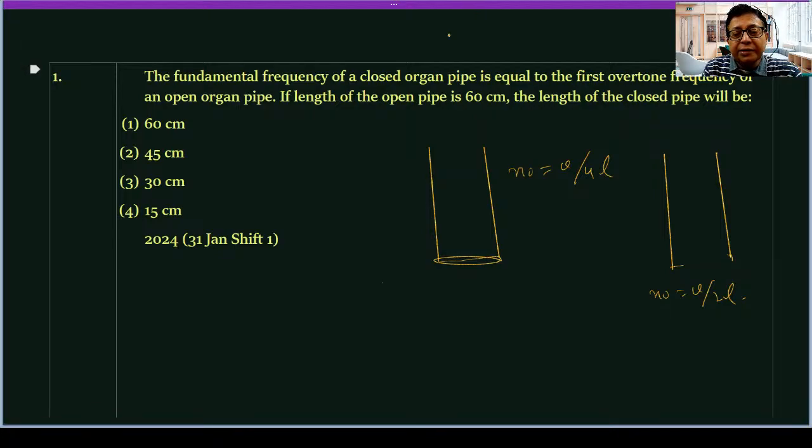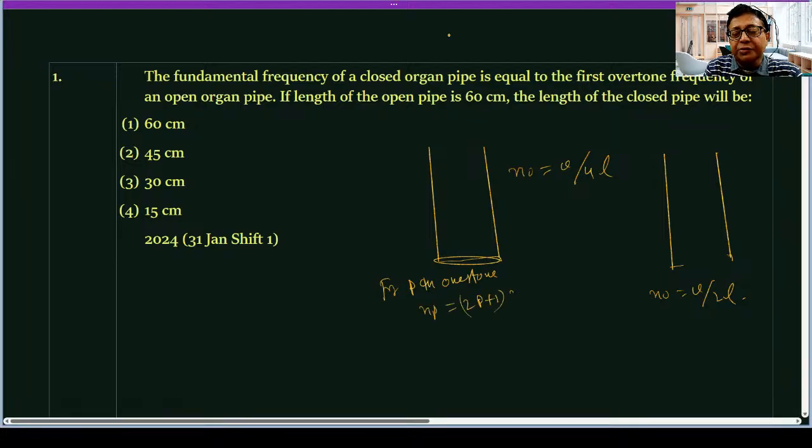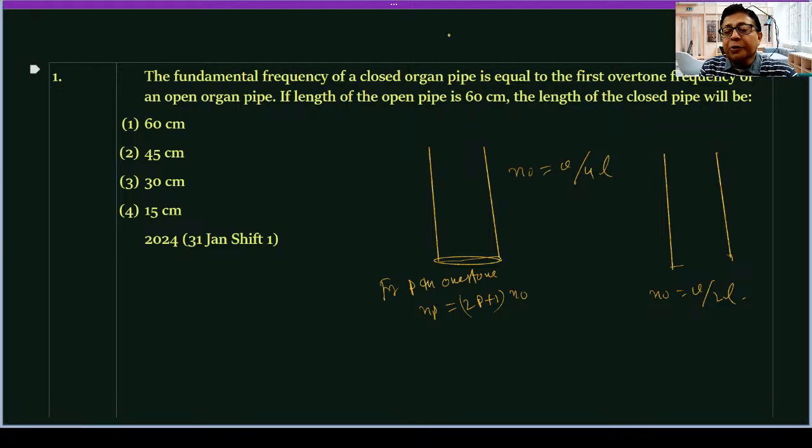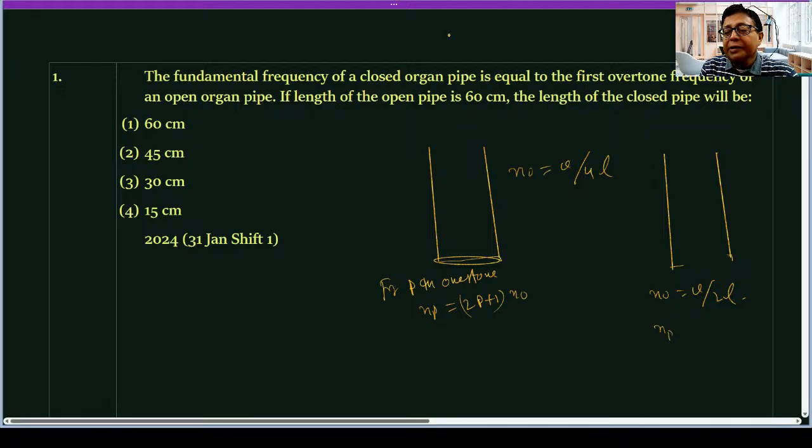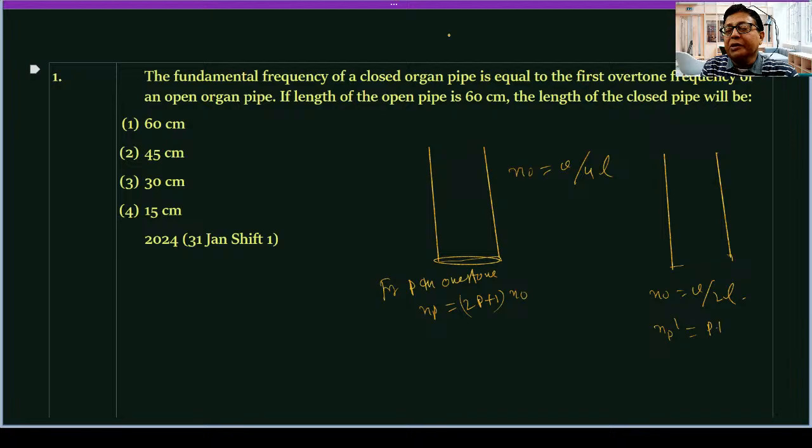And here for pth overtone, Np equal to (2p plus 1) N0. Remember this? And for the open pipe, Np dash will be (p plus 1) N0.